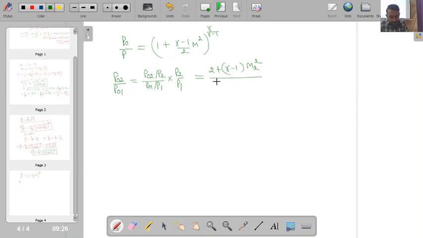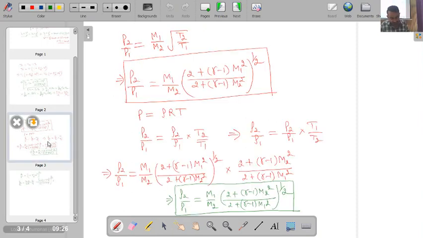Divided by 2 plus gamma minus 1 into M2 square, and this whole power will be gamma by 2, actually cancelling in the numerator and denominator. Okay, and multiplied by P2 by P1. What is P2 by P1? Just now we have calculated.